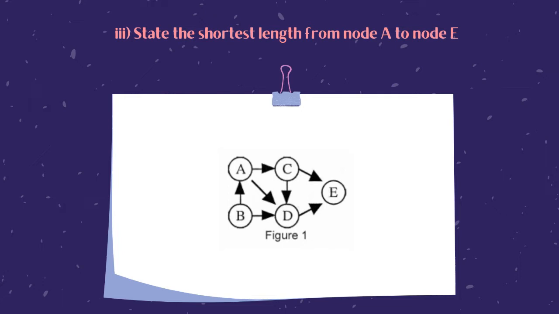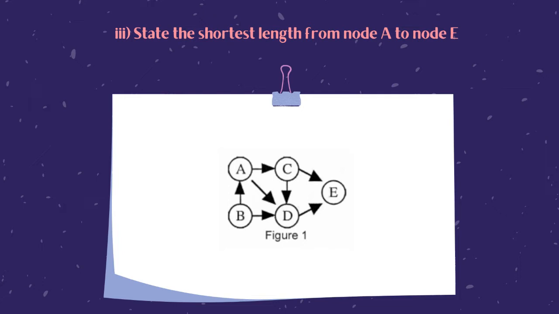Take a look from node A, and we go to node C and go to node E, and we got 2 lengths. After that, take a look again from node A to node D and to node E. Also, we got 2 lengths.